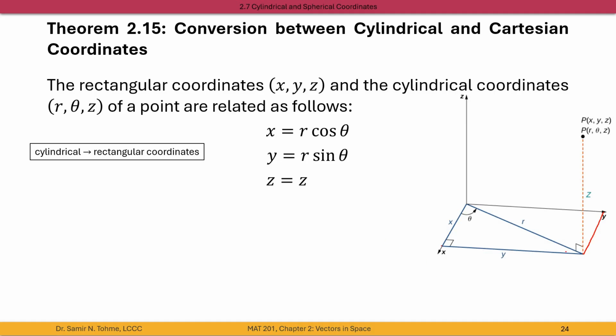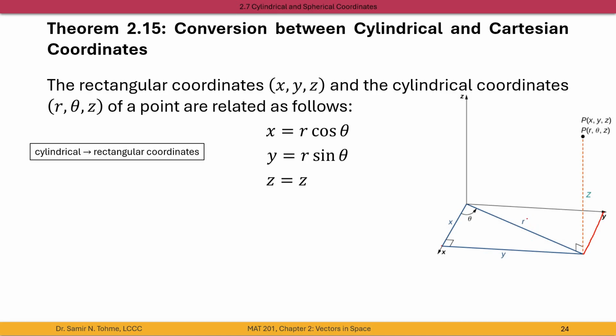Now let's consider this triangle. After the projection, we obtain 90 degrees, which means this is a right triangle. The sides of this right triangle are given by x, y, and r from polar coordinates, which is the distance between the origin and this point in the xy plane.